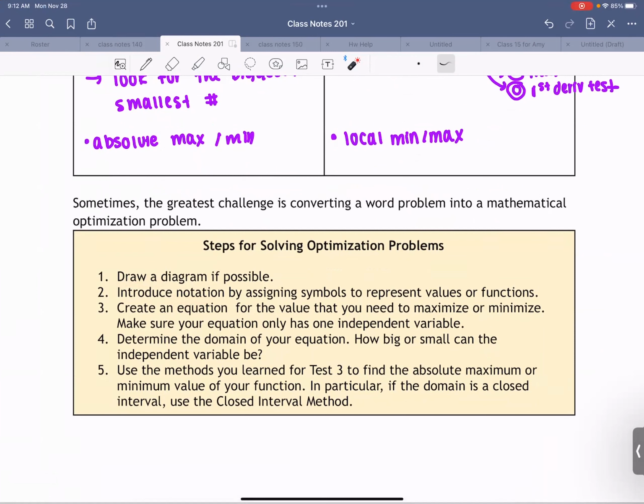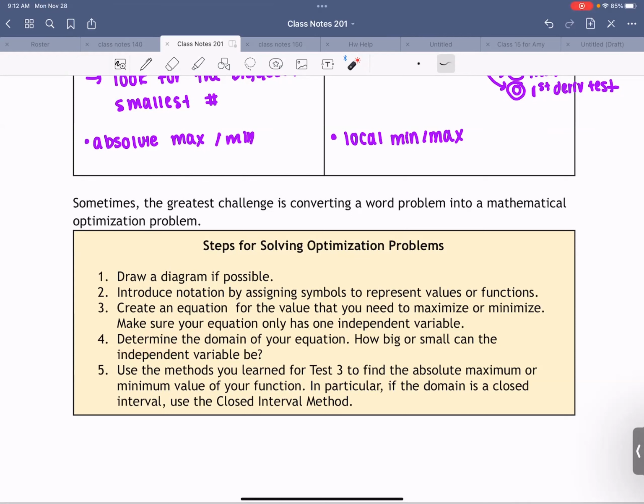We have to create an equation, okay, because that's what we're trying to take the derivative of. And I'm going to write down here to make sure our equation only has one independent variable. So it's only X in our equation. It's not X and Y or X, Y, and Z, okay? That might make more sense when we do an actual example, okay?